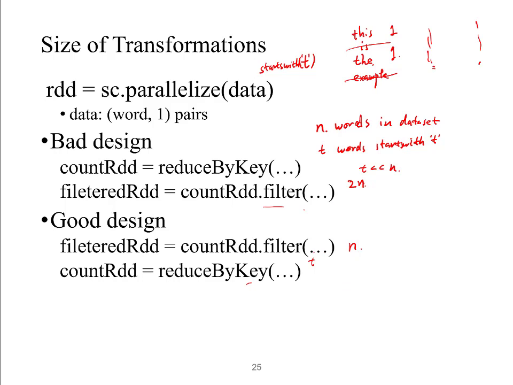So the total number of scanned records would be n plus t, which is smaller than 2n. Not to mention that reduce by key involves shuffle, it is a wide transformation, and filter here is a narrow transformation. So the good design actually involves less shuffle.